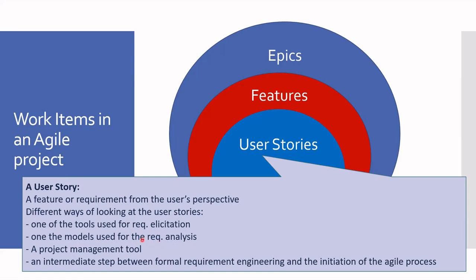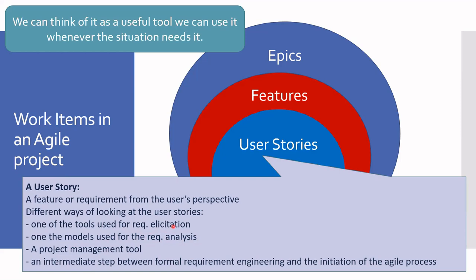In that aspect, it can be considered requirement analysis. But you can also use it for requirement elicitation. When you are interviewing an end user, you can let them know what the format of the user story is and try to get them to give you the user stories directly. So it can be a tool to help in the requirement elicitation as well.